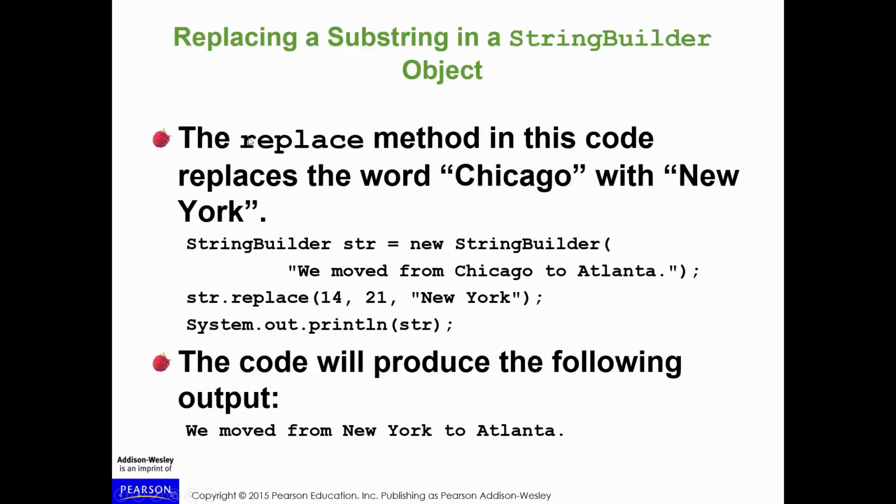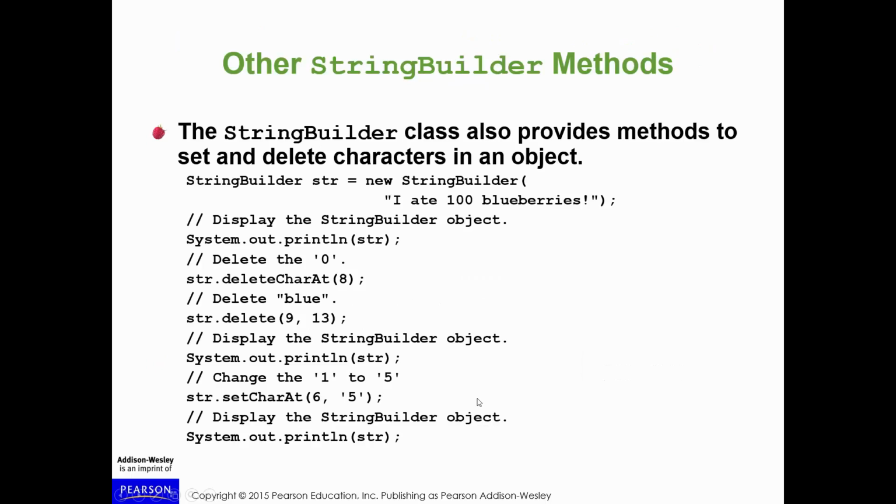The example they use here is they replace the word Chicago with the words New York. So instead of saying we moved from Chicago to Atlanta, it'll say we moved from New York to Atlanta. Much of the stuff they're doing in here, you look at it and you're like, okay, here are methods to set and delete characters. Yeah, but you can do this programmatically using Java. You're not working in Microsoft Word or something like that here.